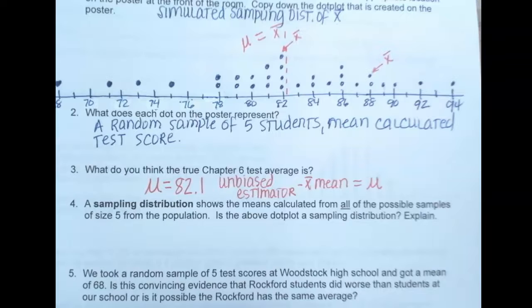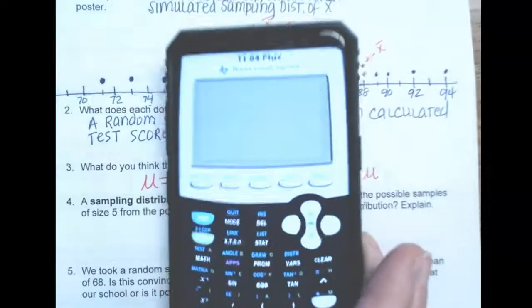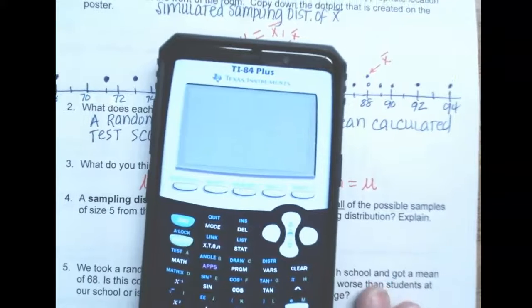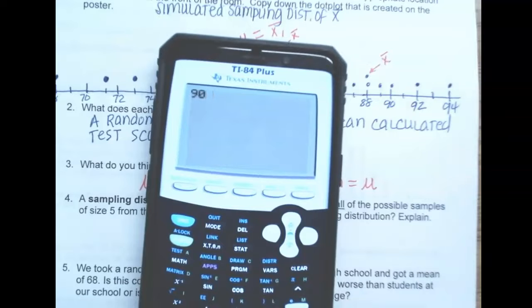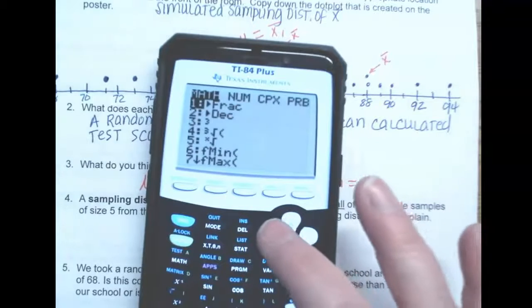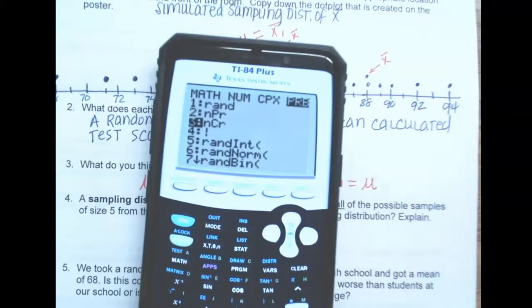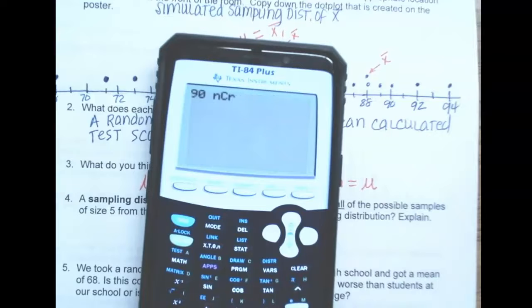And here's why. Let me show you on my calculator. We did a sample size of 5 and we had 90 total tests. I'm going to do a combination because the order doesn't matter here. So we had 90 tests and we chose a sample size of 5 for each one.